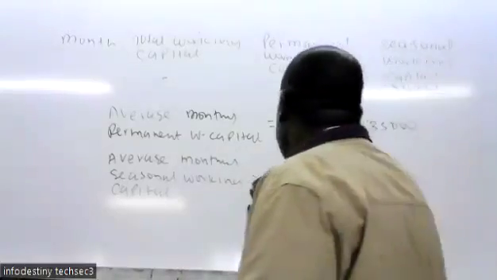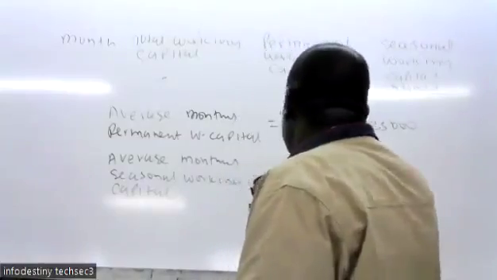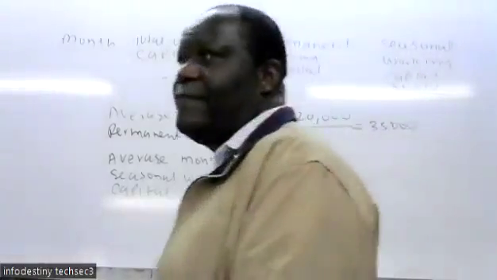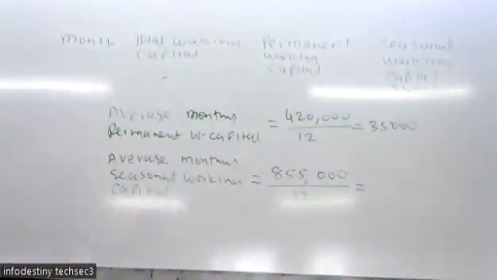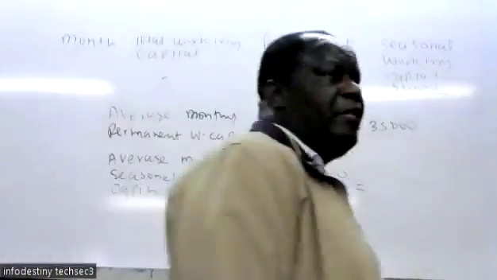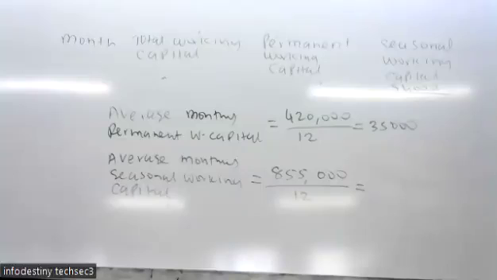So 855 also divided by 12. So that is now our Roman letter 1: average monthly permanent and also average seasonal working capital. So that is now our Roman letter 1.